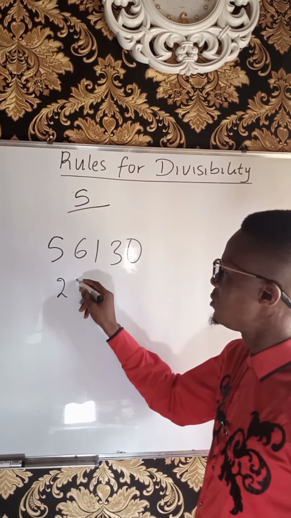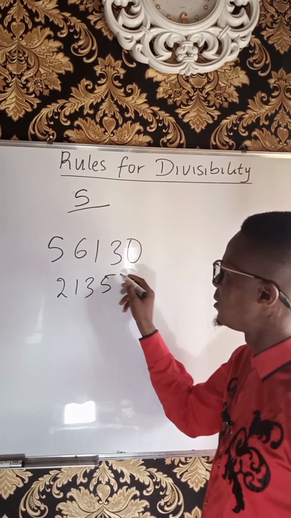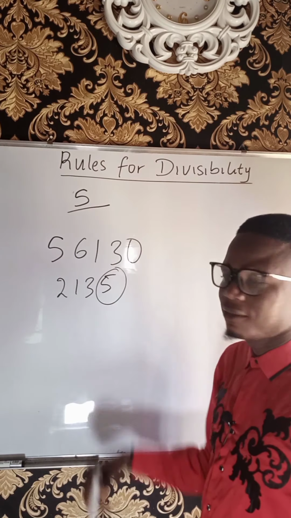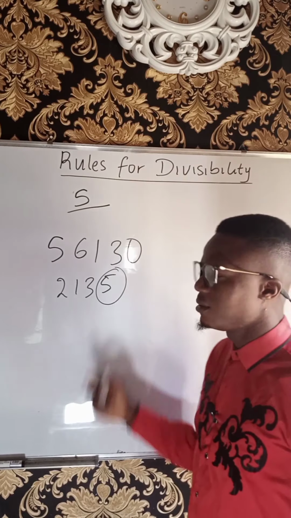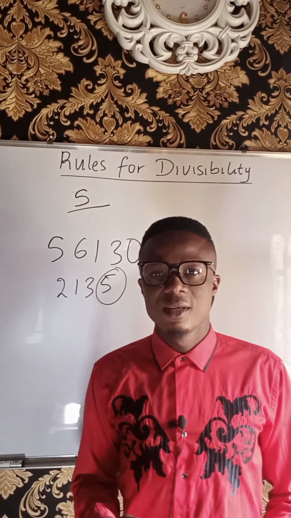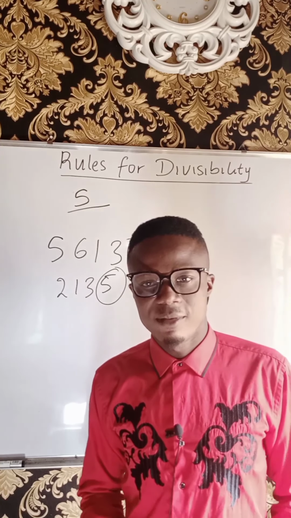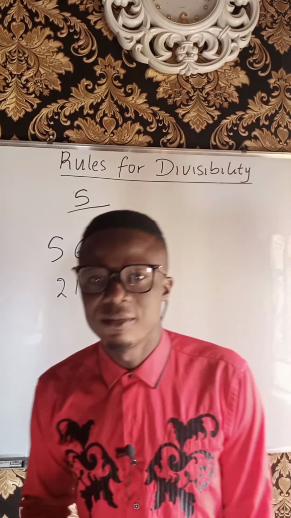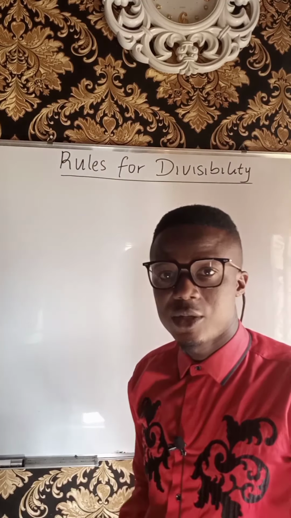If you have 2135, it ends with 5 also, and because it ends with 5, automatically we say that this number is divisible by 5. Therefore, a number is divisible by 5 if the last digit is 5 or 0. So let's go for 6.